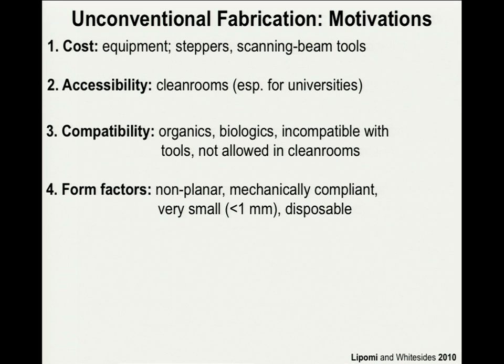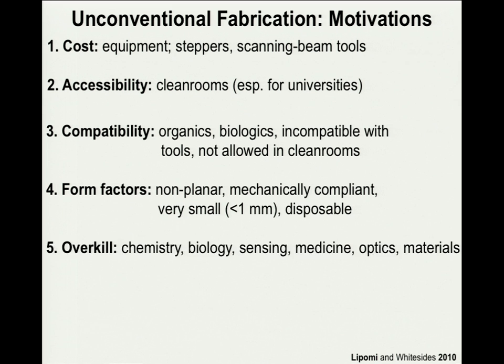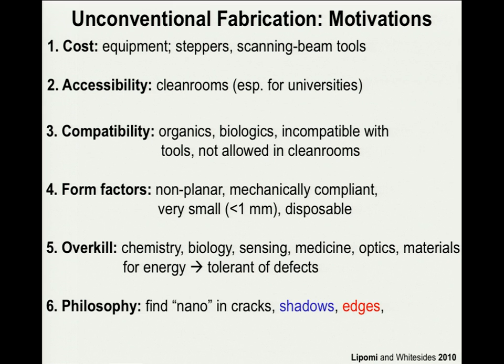Also, very small devices and disposable devices are of interest. There's an issue of overkill: chemistry, biology, sensing, medicine, optics, and materials for energy tend to be more tolerant of defects than microprocessors. What if a 1 in 100 error rate is okay? You don't need a 1 in 10 to the 18 error rate.